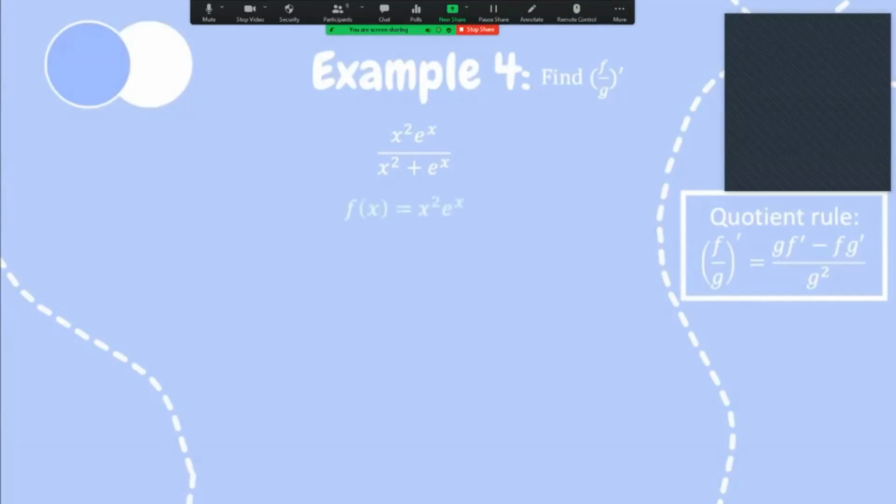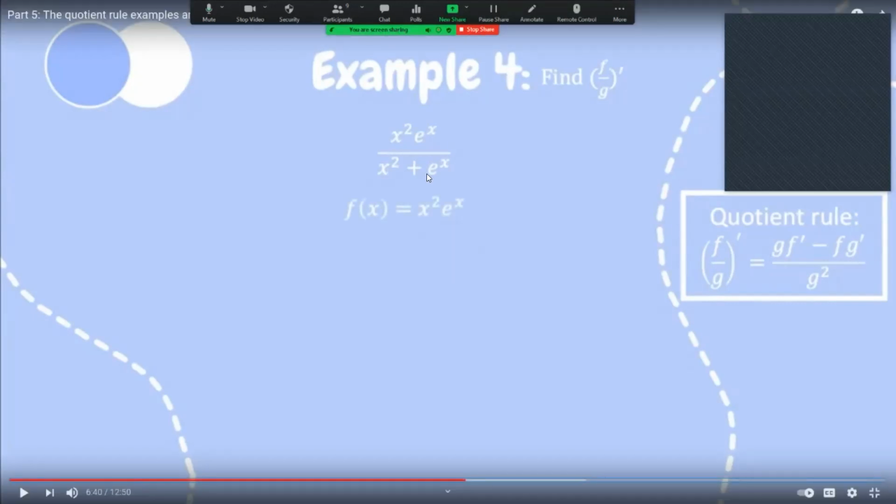Before we jump in here, I'd like to point out that you cannot cancel the x squareds, nor can you cancel the e to the x. The top has a factor of x squared and a factor of e to the x, but you cannot factor e to the x out from the bottom because there's no e to the x here. Nor can you factor out x squared because there's no x squared here.